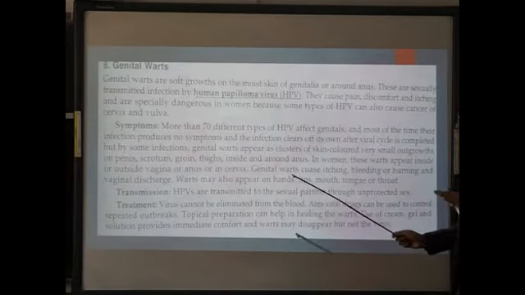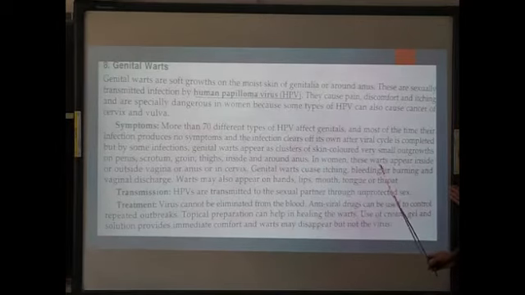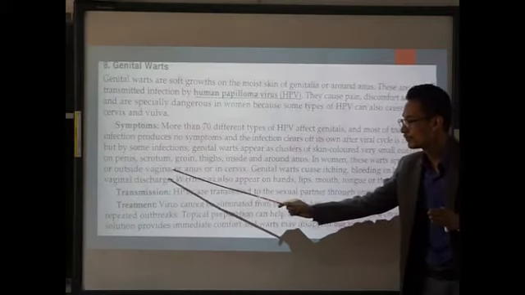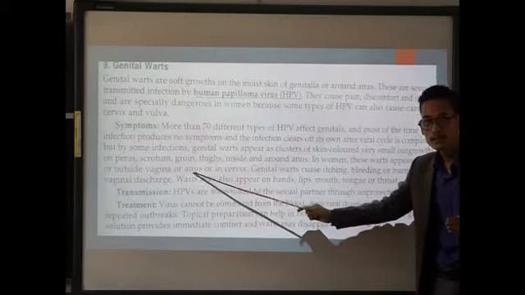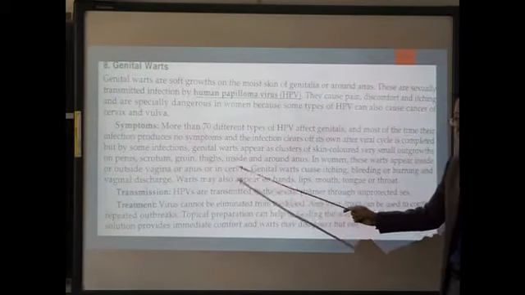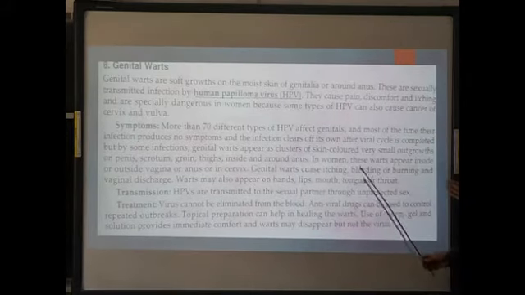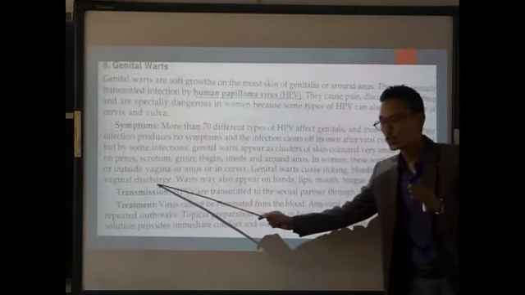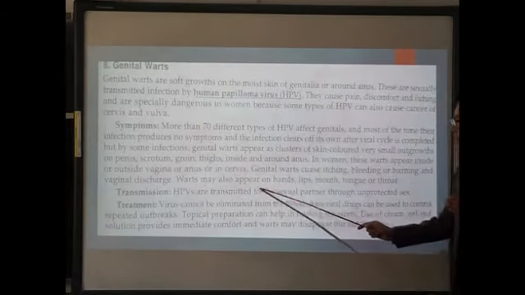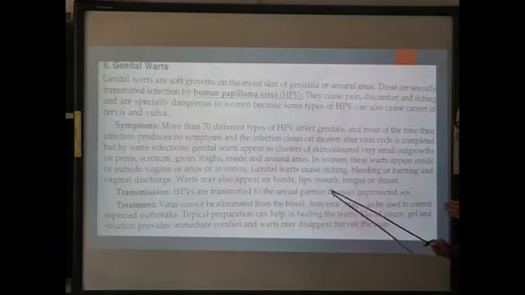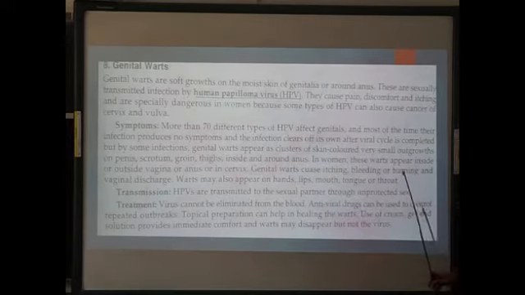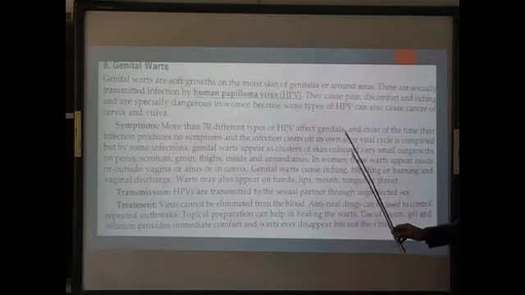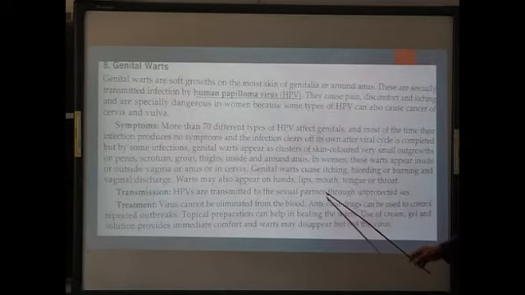Now, in case of females, these warts appear inside or outside the vagina, or anus, or in the cervix. Now, it causes itching, bleeding, burning, and vaginal discharge. Warts may also appear on the hand, lips, mouth, tongue, or the throat area. So remember the symptoms of genital warts in case of male and in case of female.